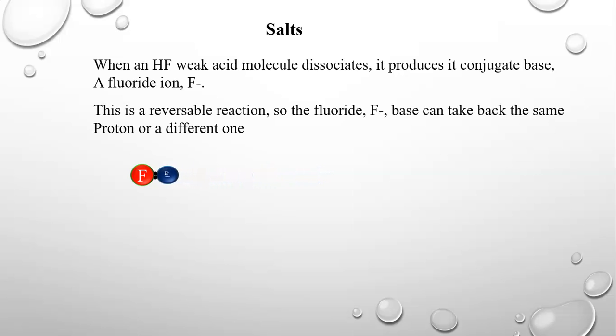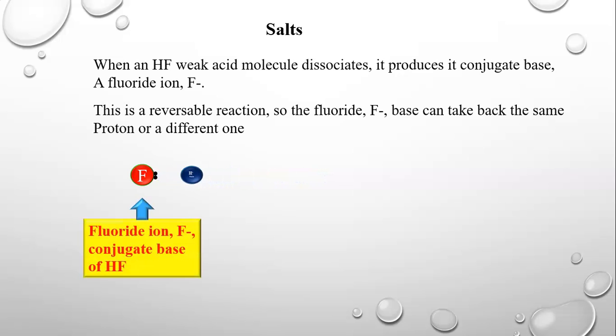So remember, reversible reaction, that proton can leave, it can come back. That's not true of a strong acid. Strong acid, the proton leaves, it's gone forever. It can never come back. But here it can come back if it wants to. So fluoride ion, F-, conjugate base of hydrofluoric acid.